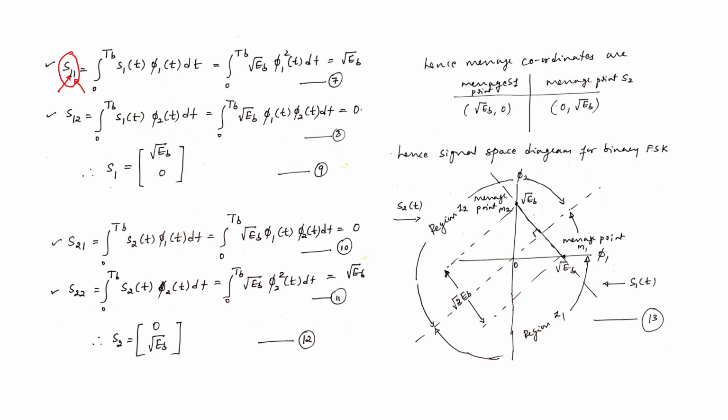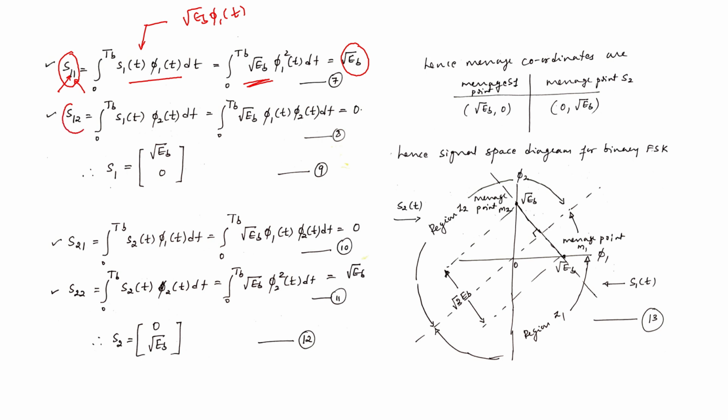So S1 of t we write here and phi 1 of t also we write here. What is S1 of t? S1 of t is nothing but square root of Eb into phi 1 of t. You substitute here and apply the orthonormal basis function property. You will get square root of Eb here.